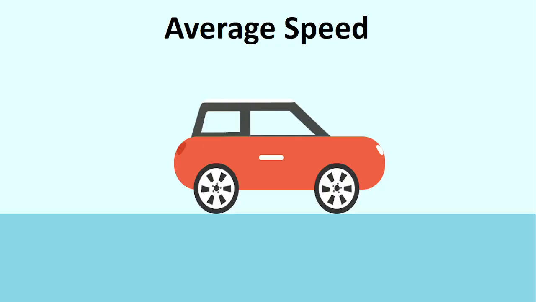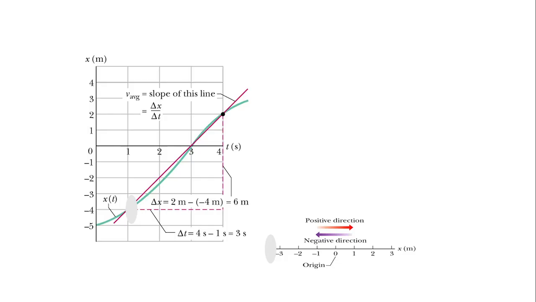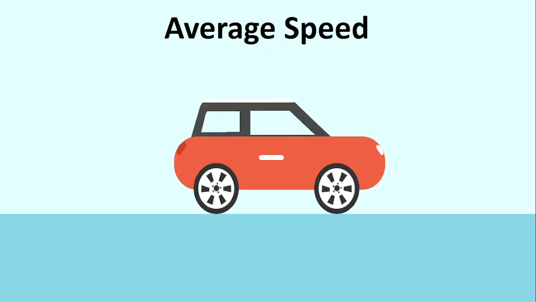So after learning displacement, it's very important for us to know what average speed is. We said displacement is a vector quantity, but we can also talk about average speed before we talk about the velocity of a car.